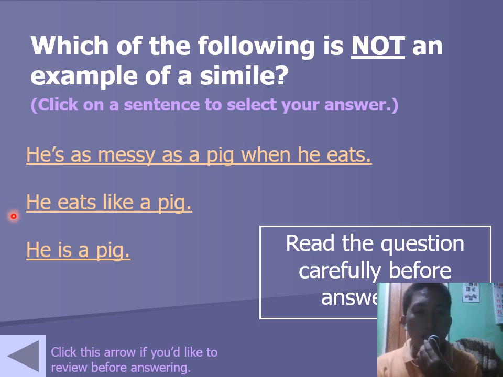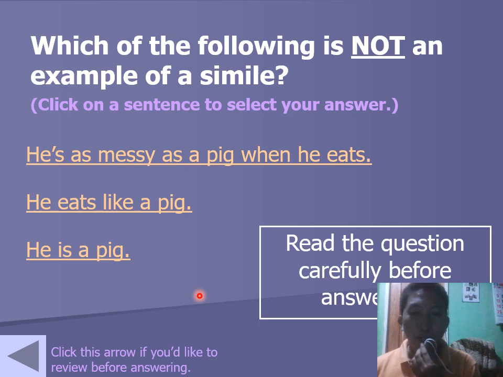The second sentence, he eats like a pig. The third sentence, he is a pig. As you can see, all three sentences are comparing two unlike things. But again, which of the following is not an example of a simile?